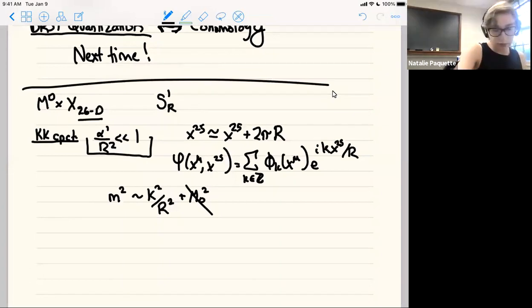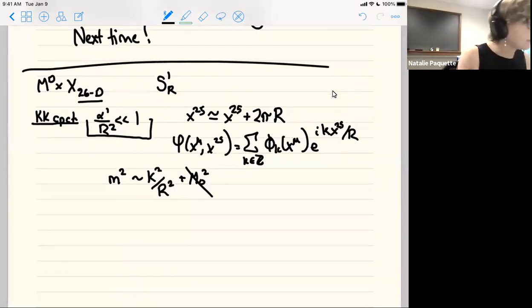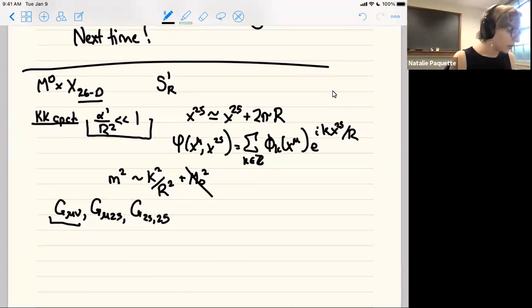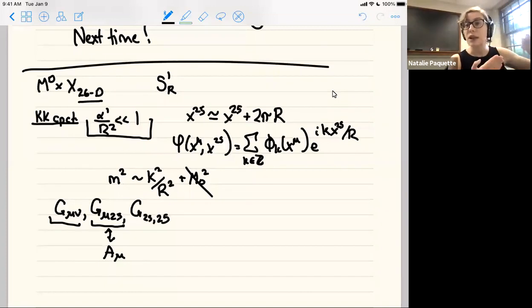Okay, so the massless field content you can do pretty straightforwardly. In view of time, I'm just going to be brief. Of course, if you compactify the metric, then you have components like this. So you still get a metric in 25 dimensions, but you also get a gauge field, which has a U1 symmetry. That U1 symmetry is nothing but the diffeomorphisms along the circle, the U1 translations along the compactified circle.